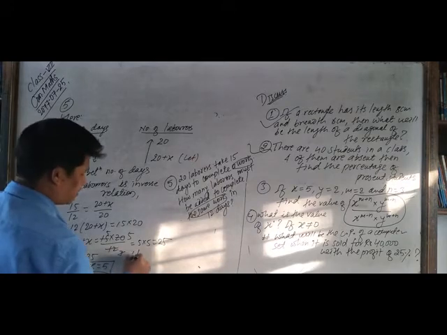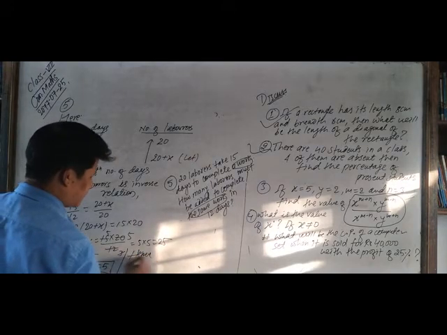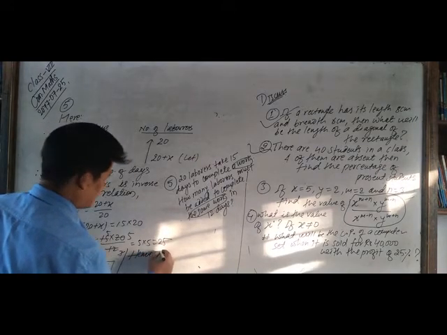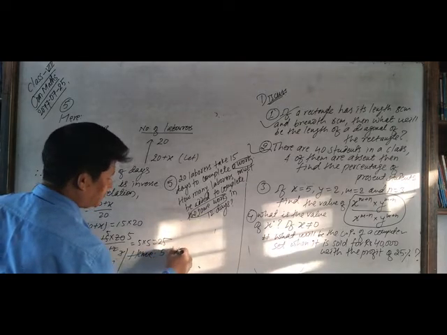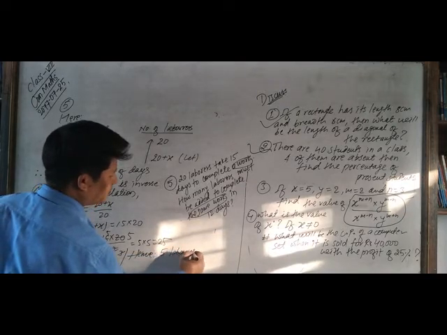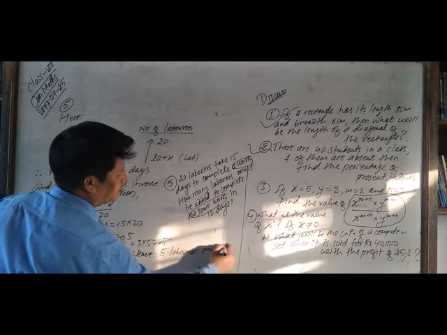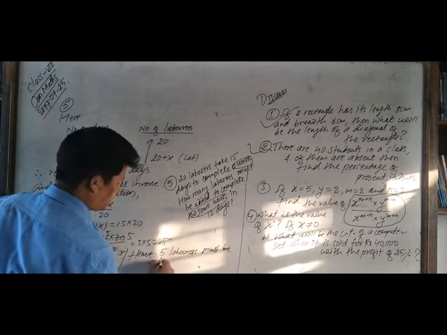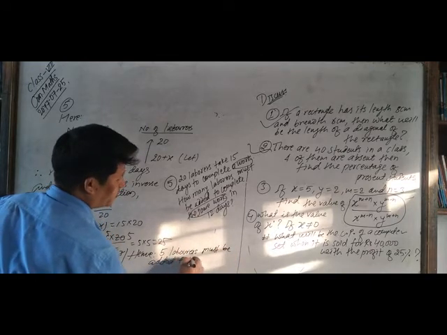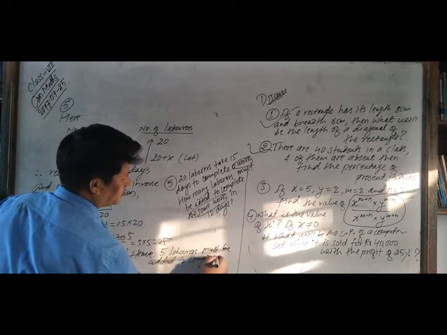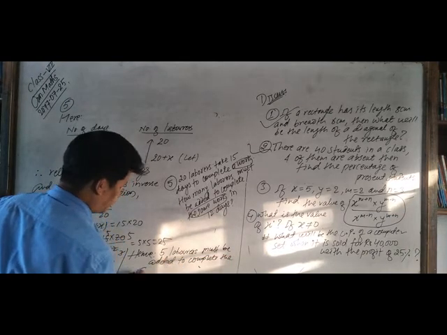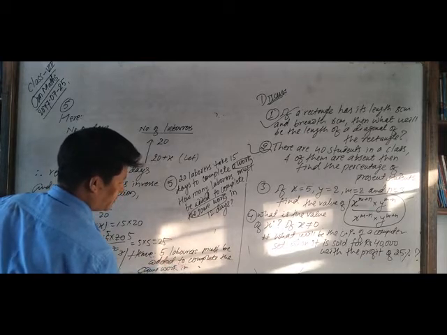So at last we can write here: hence 5 laborers must be added to complete the same work in 12 days.